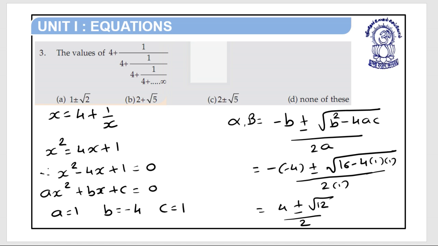For the c, here x square minus 4x minus 1 is equal to 0, so c is minus 1. So 16 plus 4, so it becomes 20.